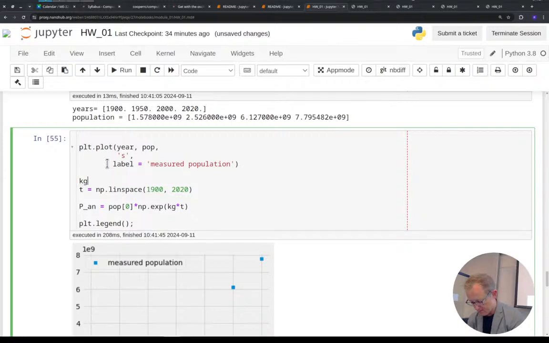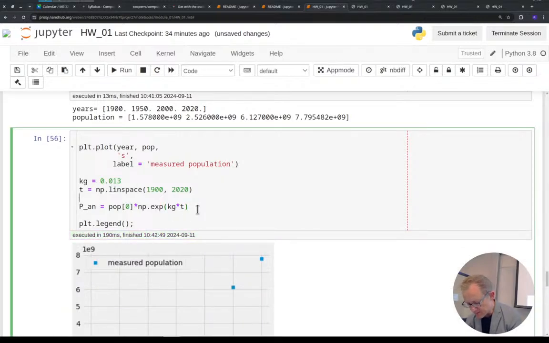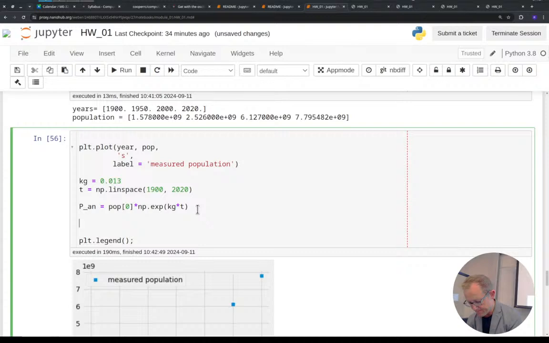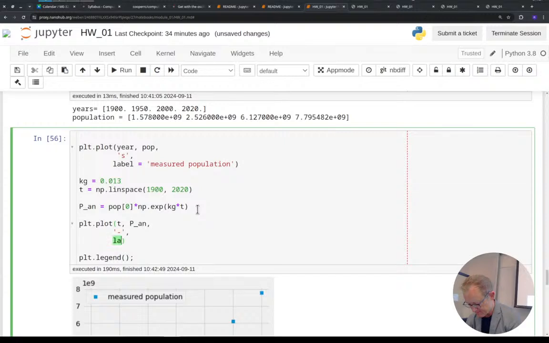Yeah, down here. And then I should also actually plot it, right? T, P, A, N. I'll do this one as a solid line and put a label.